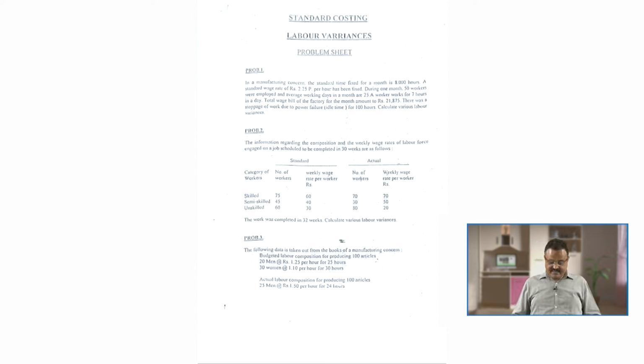So, 75 into 30 works out as 2250, and in case of the actual, it is 32 weeks and the actual number of workers is 70. So, 32 into 70 works out as 2240.